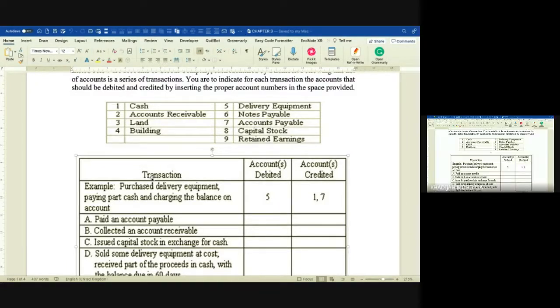So remember one thing: for assets, an increase is a debit. On the other side, you have liability and owner's equity, so if there is an increase, you credit. If you remember that an increase in assets is a debit, the other side is credit.